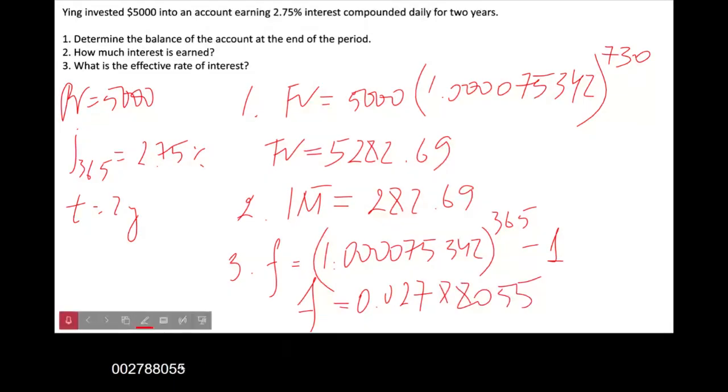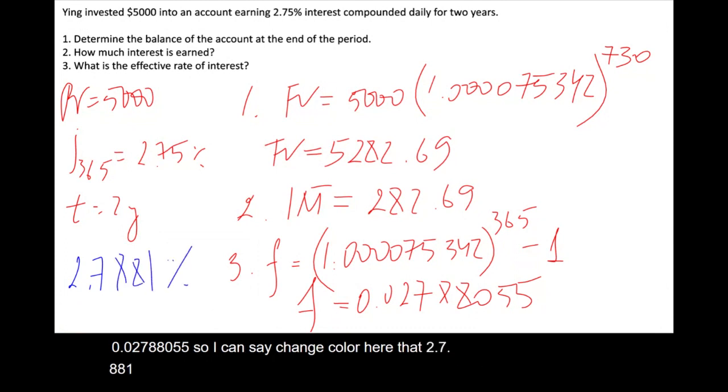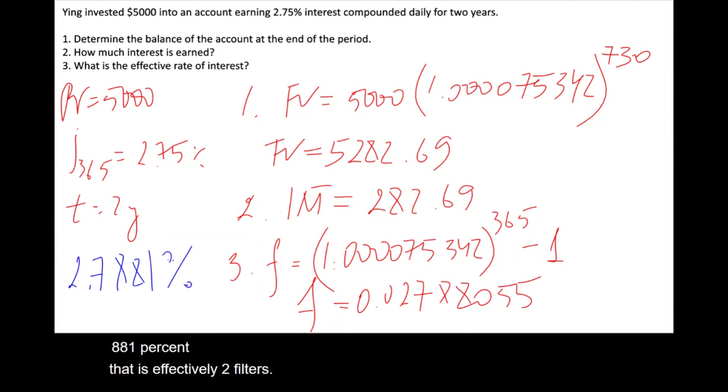So I can say, let me change color here, that 2.7881%. That is effective rate of interest. Questions? Let me know when we're good to continue.